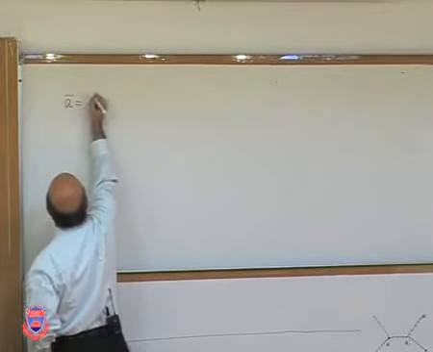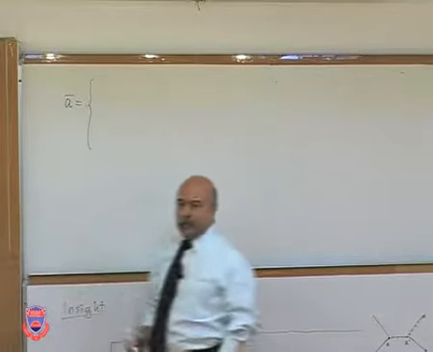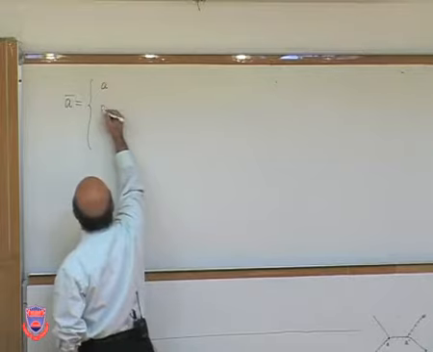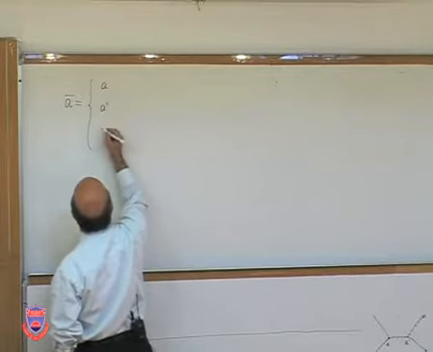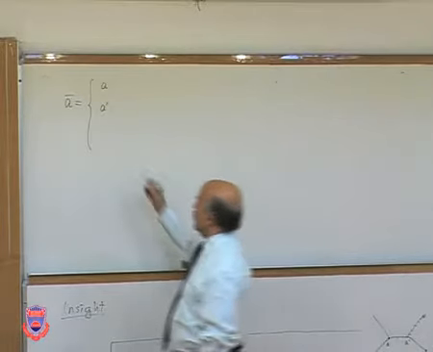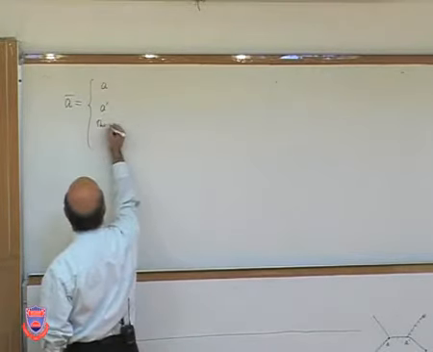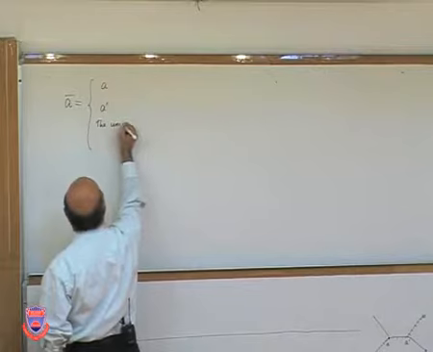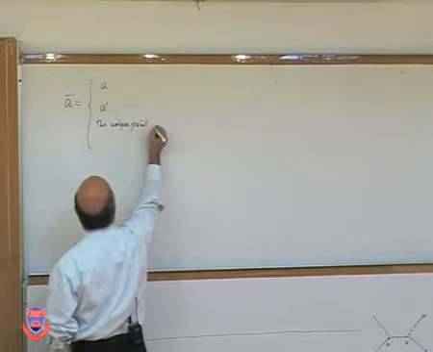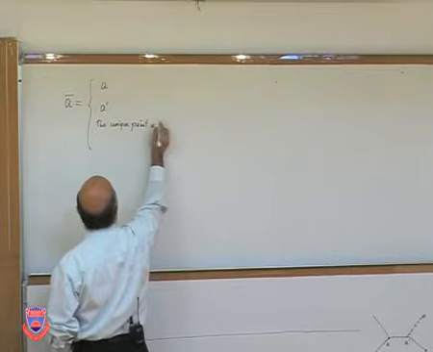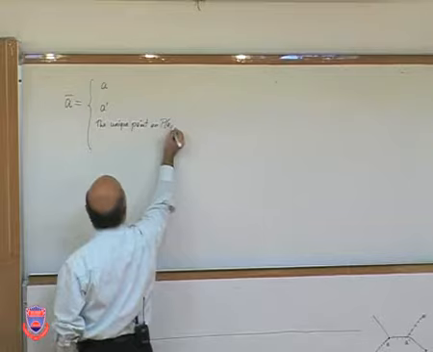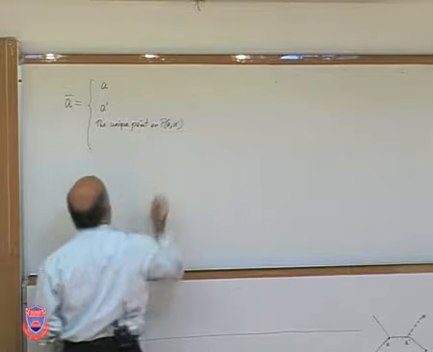So A bar is one of 3 possibilities. It's going to be either A or A prime or the unique point on the path connecting A to A prime.